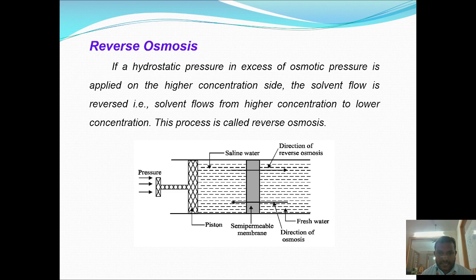See this diagram. Here we are going to separate two solutions of different concentrations by a semi-permeable membrane. It is named so because it only permits a part of the solution. What is a part?